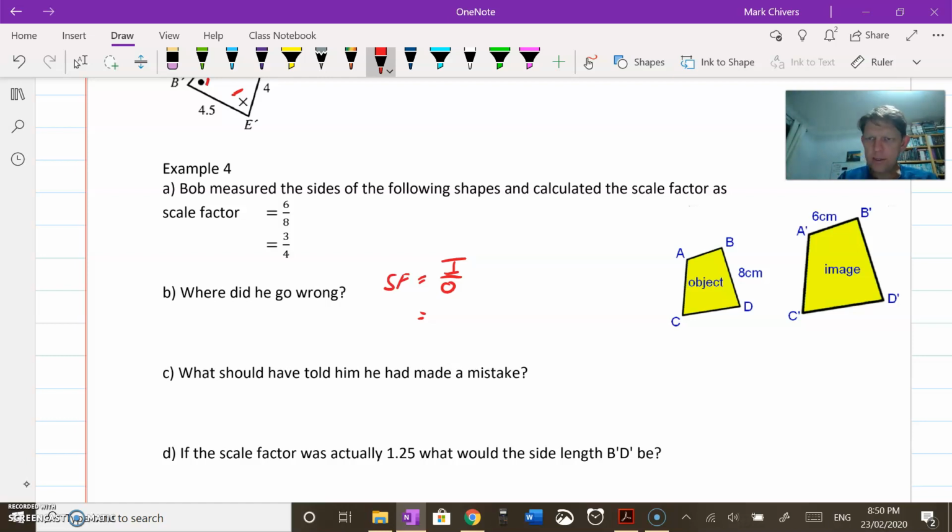Because this distance here on our image is between A and B. So we need to compare that here, but there is no distance for there. So he compared two different sides. So we can just say he compared two sides that are not matching pairs.